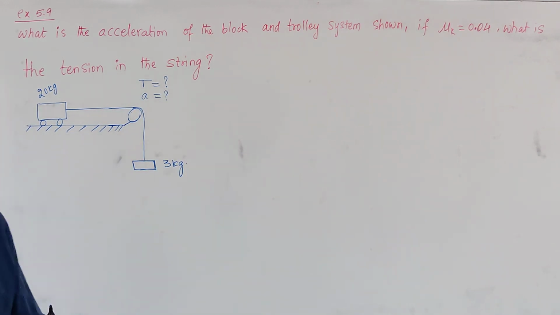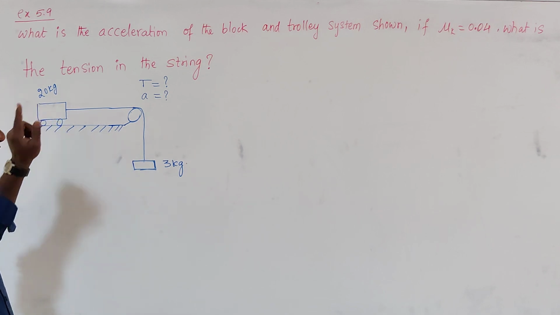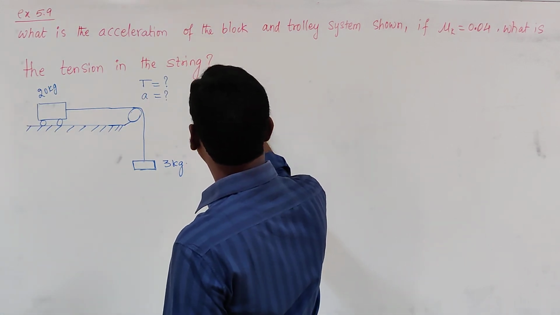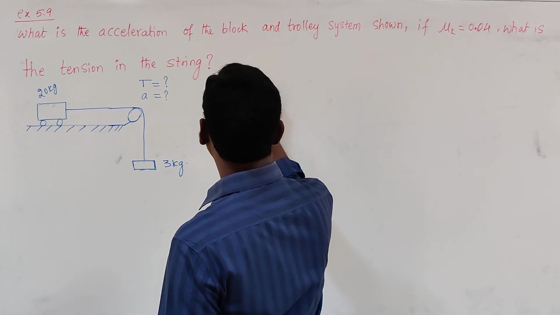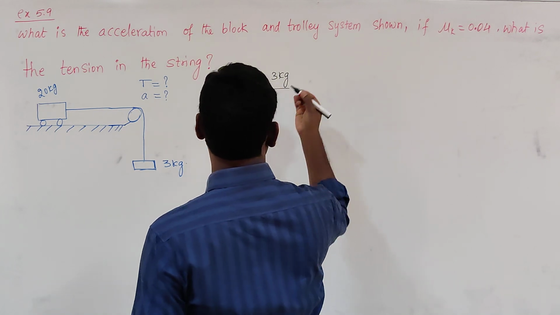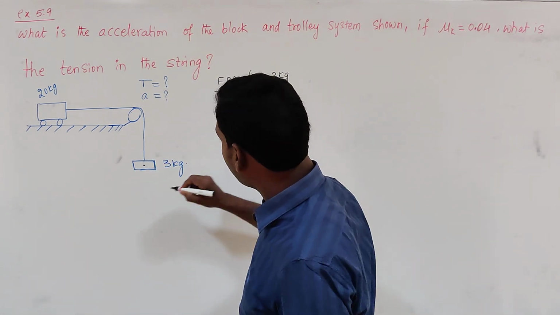Before that, we need to draw a free body diagram separately for the 3 kg and the 20 kg. So I am drawing the free body diagram for the 3 kg now. What are the forces acting on it?